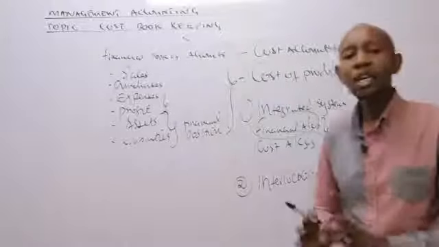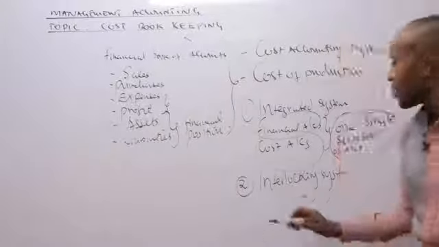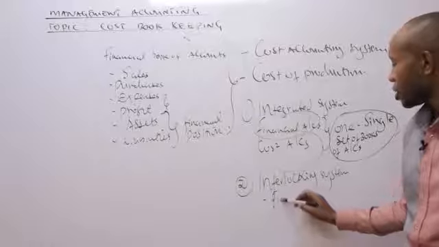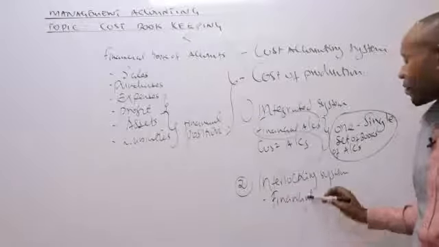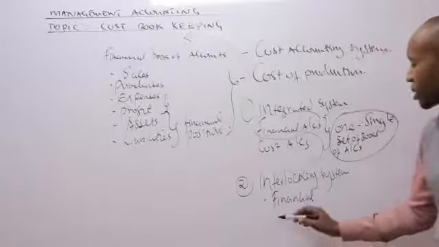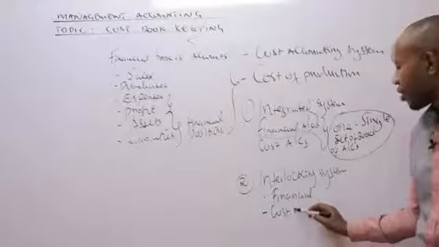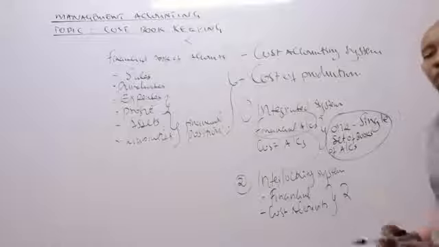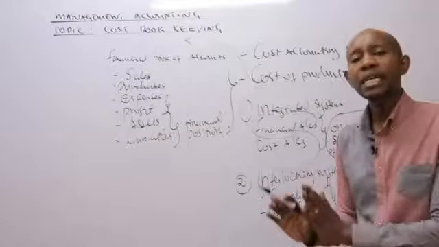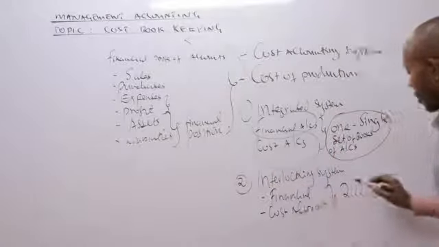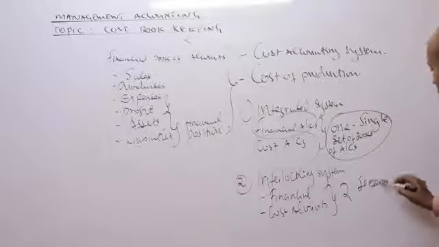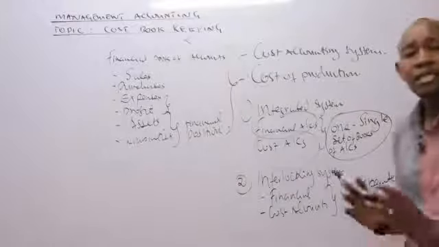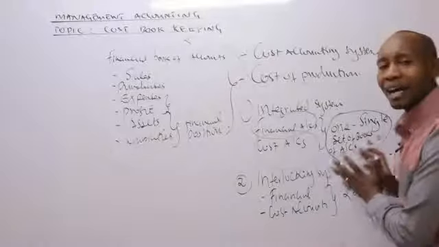In this case, the financial accounting books and the cost accounting books will be maintained using two separate, distinct sets of accounts.